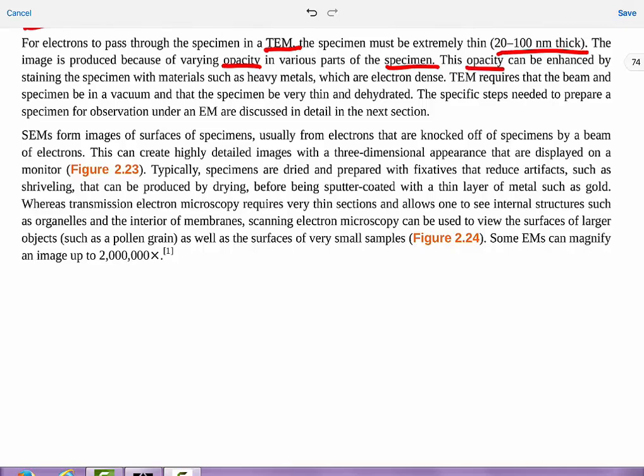This opacity can be enhanced by staining the specimen with materials such as heavy metals. So I guess that's where the rock example comes from. A heavy metal will make different parts of it opaque, which are then electron dense. So it's thicker for the electrons to get through the heavy metals. So it's a type of opacity.